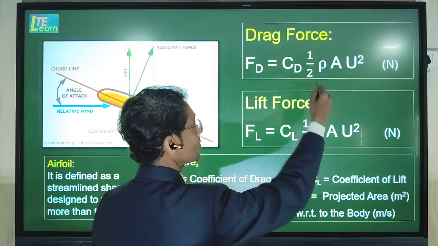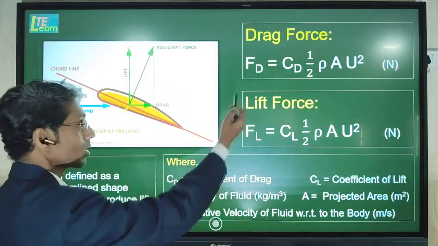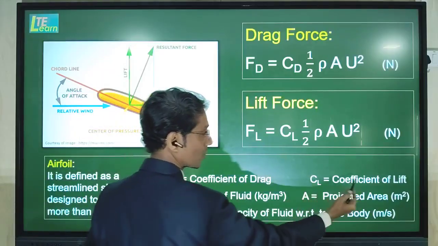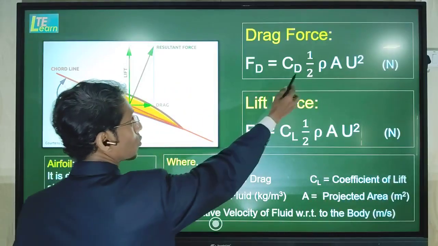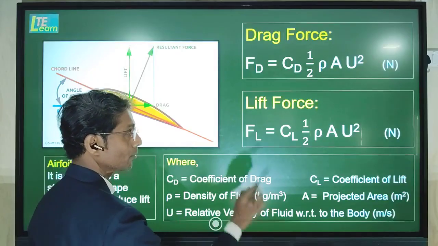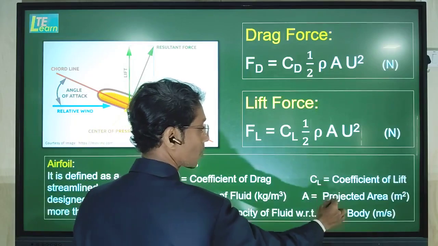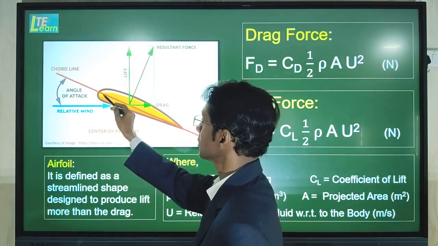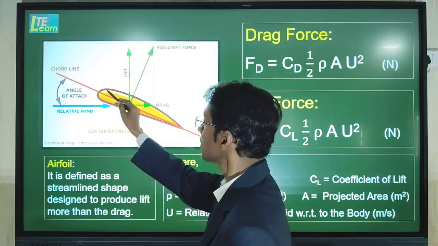The parameters of the formula are mentioned here. CD is the coefficient of drag, CL is the coefficient of lift. Rho is the density of the fluid, its unit is kilogram per meter cube. A is the projected area, meaning in this case the wind which is moving is striking the frontal area.